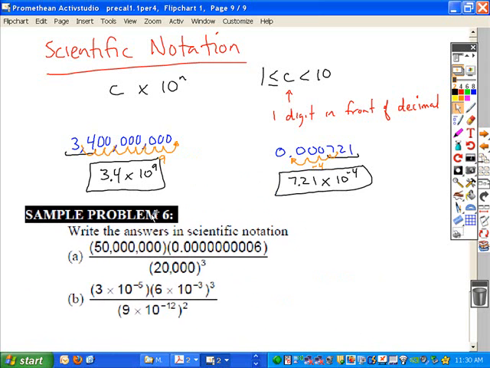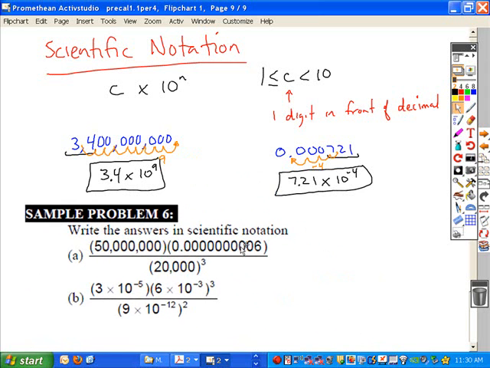These are the types of problems that you should be able to answer without using a calculator. Does it seem like you could? Okay, I want to go through the first example, and then I'll have you do the second one on your own.